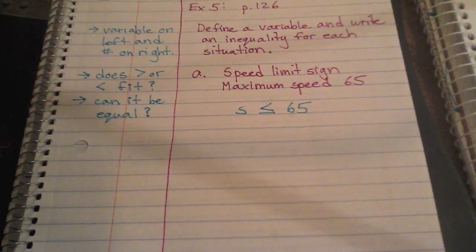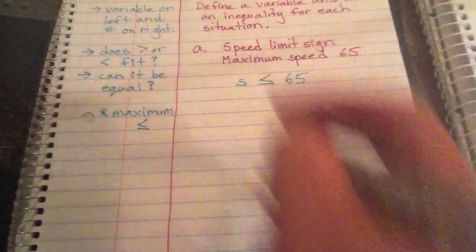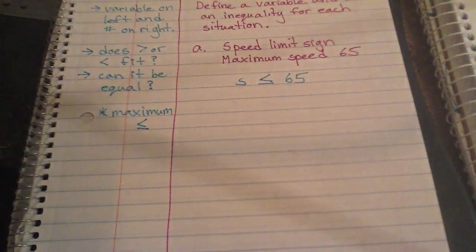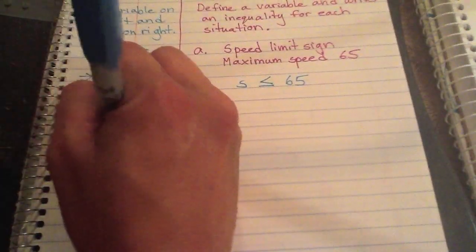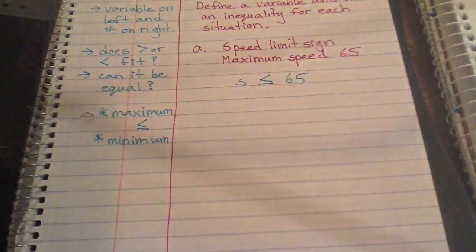And I'm going to give you a little hint. Every time you see the word maximum, it's always, always, always going to be less than or equal to. The maximum is this. Every time you see the word minimum, that means it's the lowest you can go.